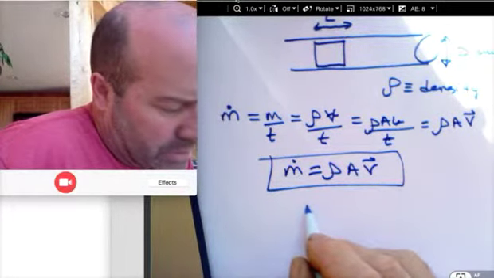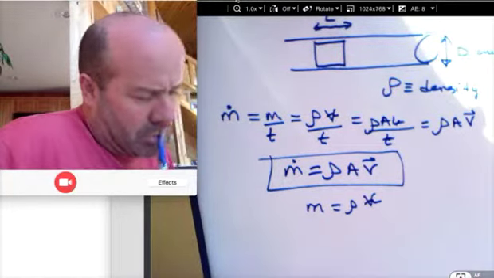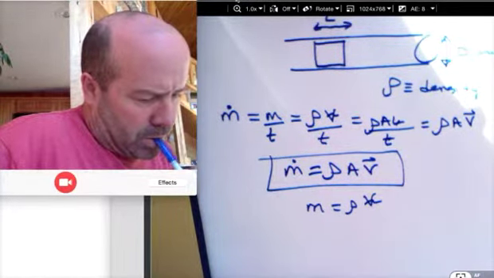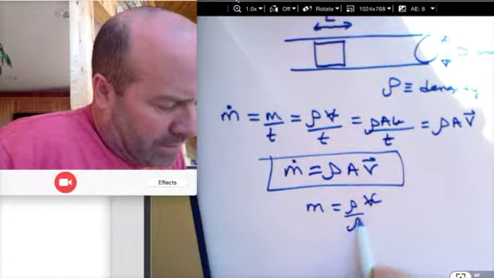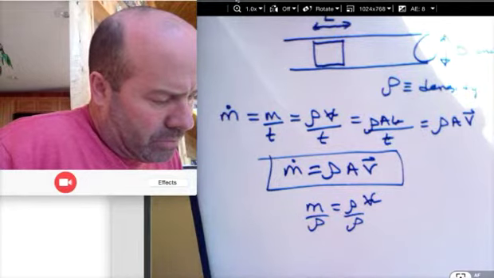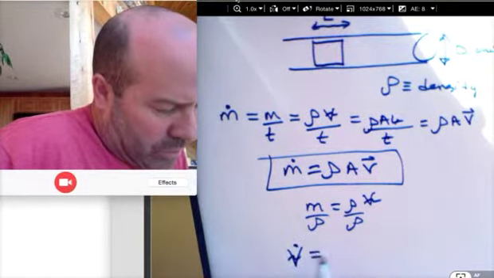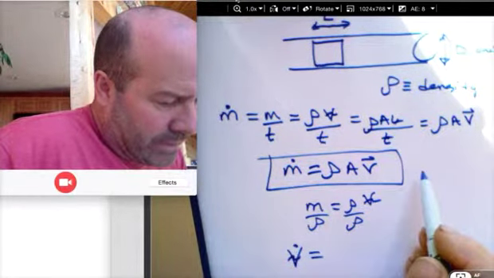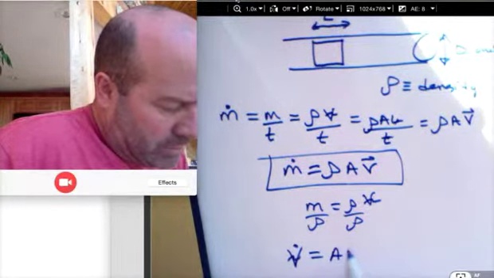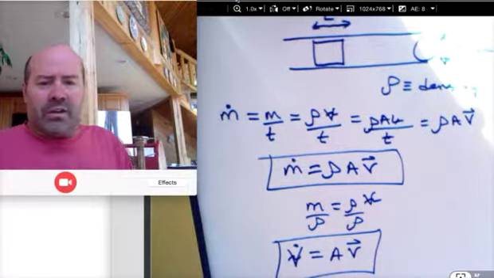Let's see, we said something here about mass equaling density times volume. So if we divide both sides by density, we'd have volume. So volume flow rate would equal mass flow rate divided by density. Hey, the density goes away. Volume flow rate is area times speed.